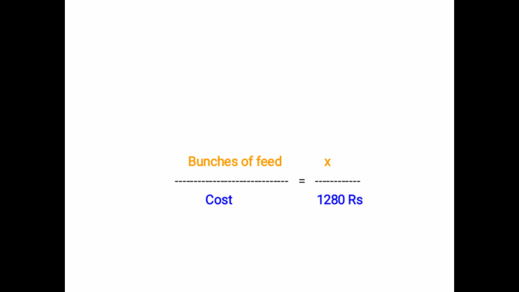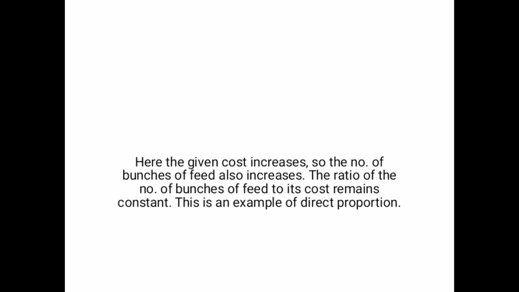Bunches of feed upon cost is equal to X upon 1280 rupees. Here the given cost increases, so the number of bunches of feed also increases. The ratio of the number of bunches of feed to its cost remains constant. This is an example of direct proportion.